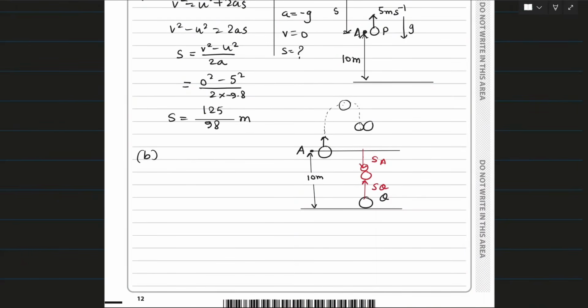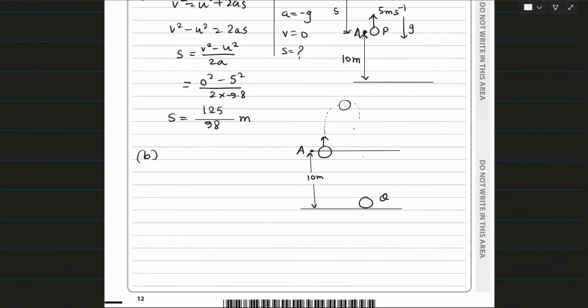So in both scenarios, we see that the displacement of P and the displacement of Q add up to 10 meters. So we can form a relationship between SP and SQ from this observation.